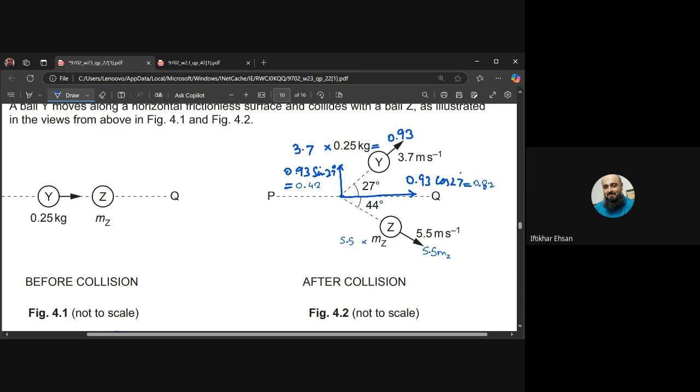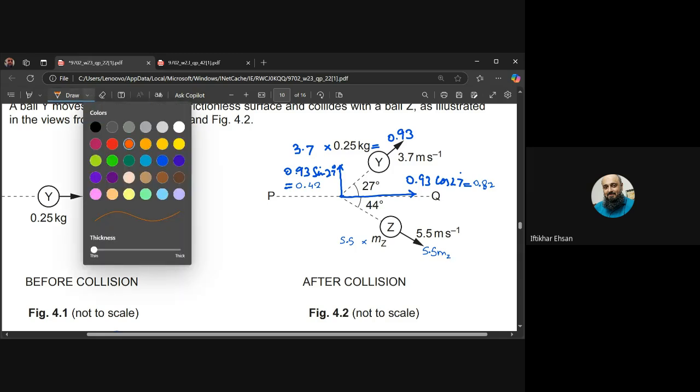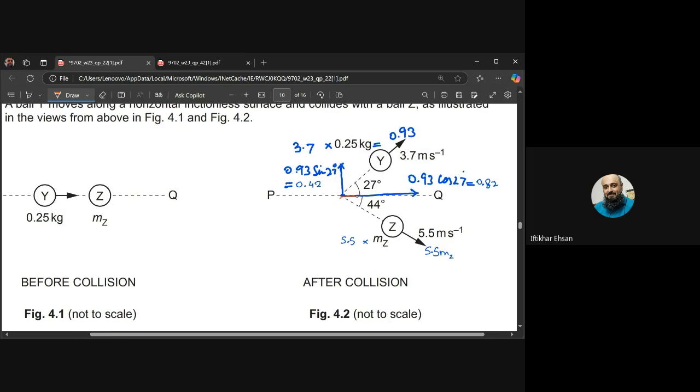It will have a horizontal component that will be 5.5 mz times cos 44 degrees, and the vertical component is 5.5 mz times sine 44.